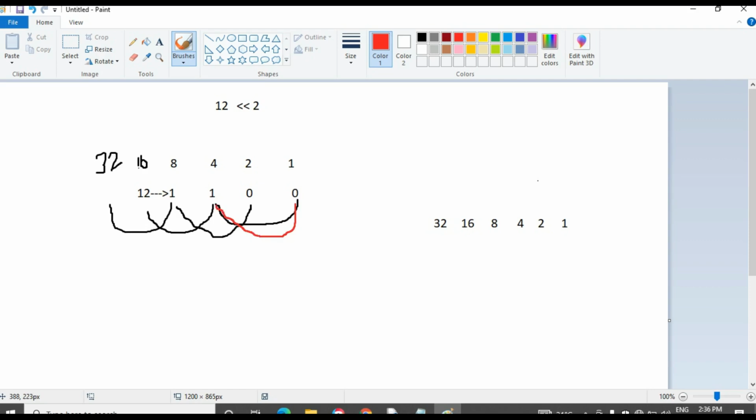This one will be shifted into the fourth position. So the 0 will move into the fourth position.